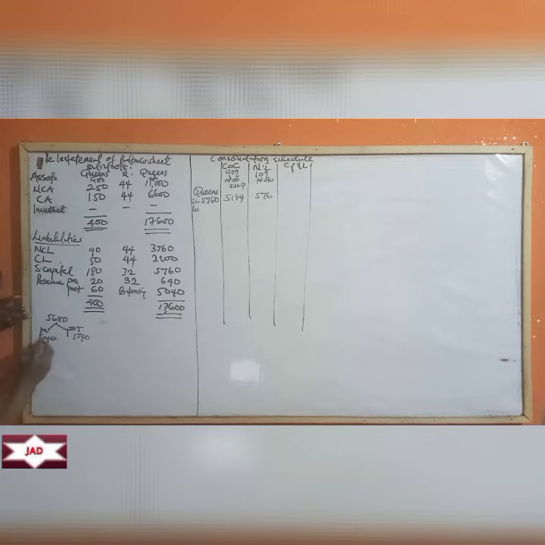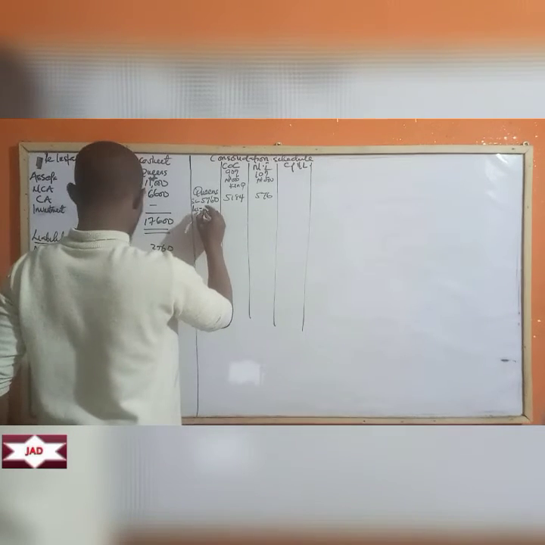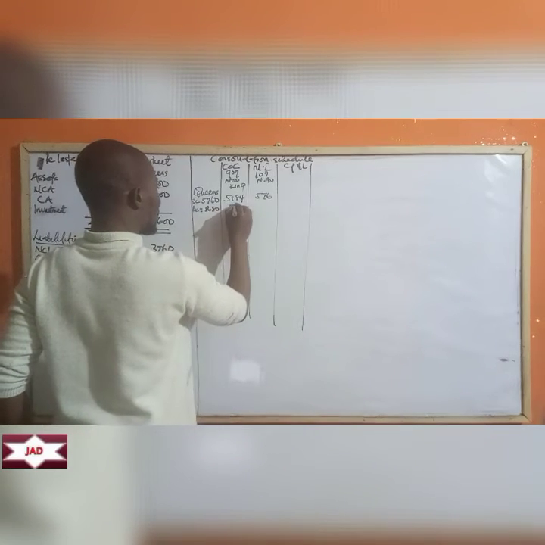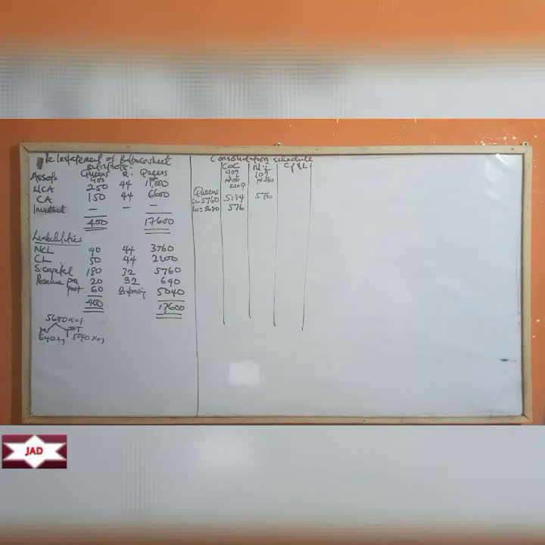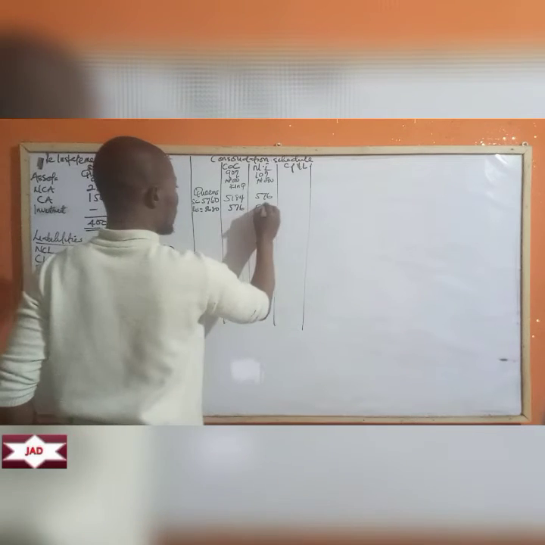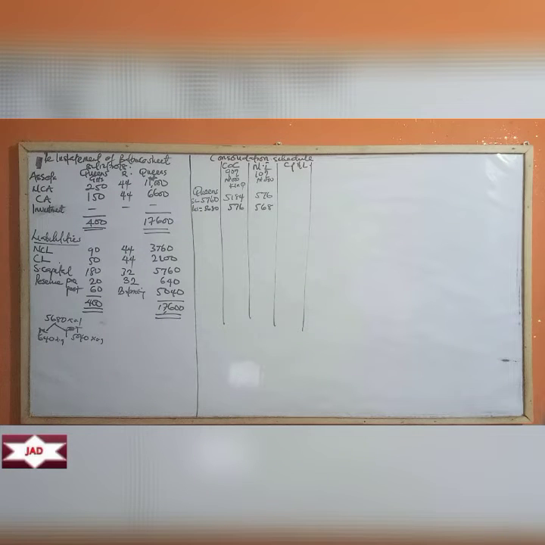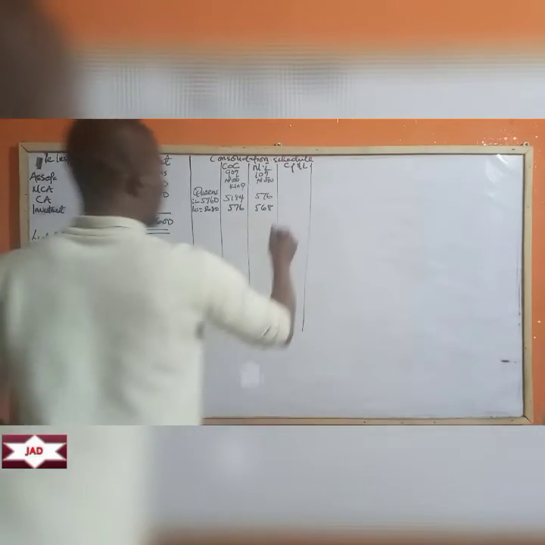So this will be 640 times 0.9, which is 576, and this is 568. So we have 10% of 5,680, and 90% of 5,040, which is 4,536.